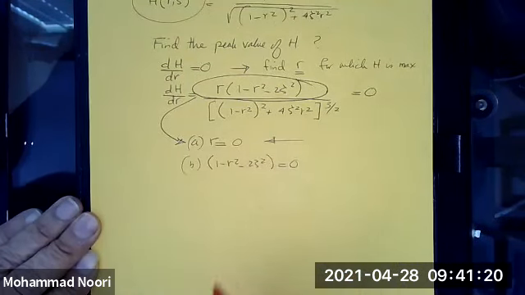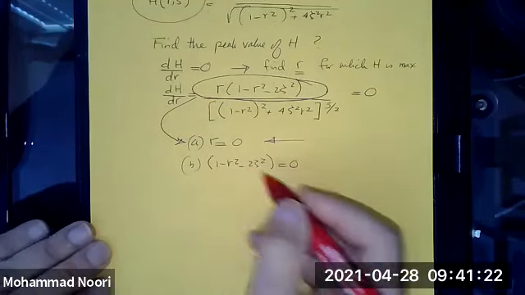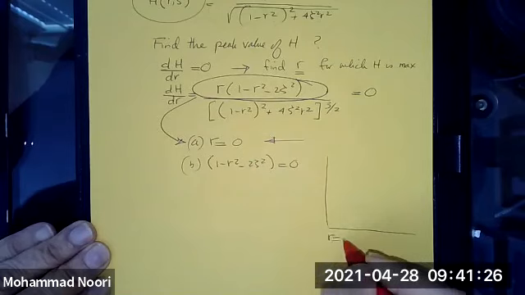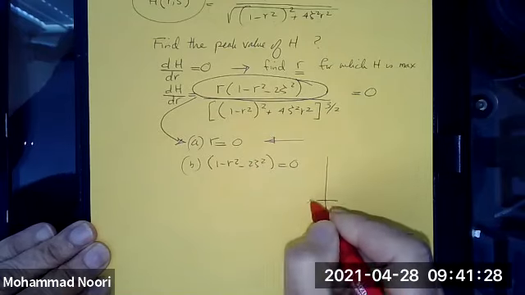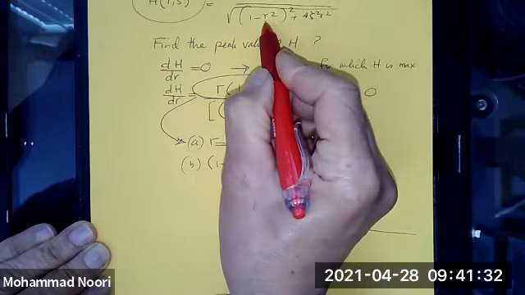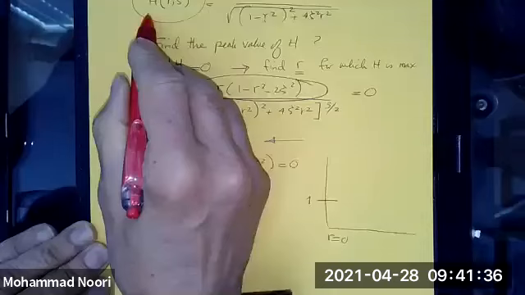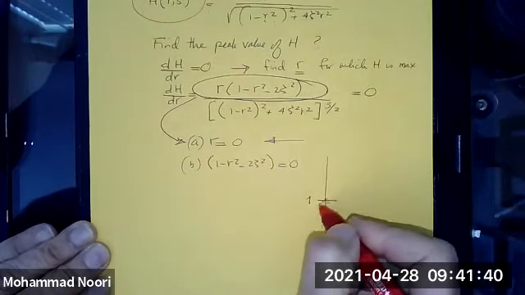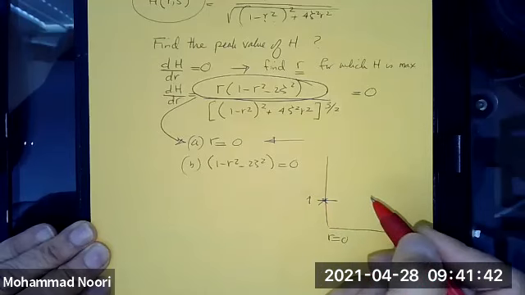So let's look at this. What does R equal to 0 mean? It means you're here. When R is equal to 0, what happens? H is equal to 1. So that means this system is not even moving, right?